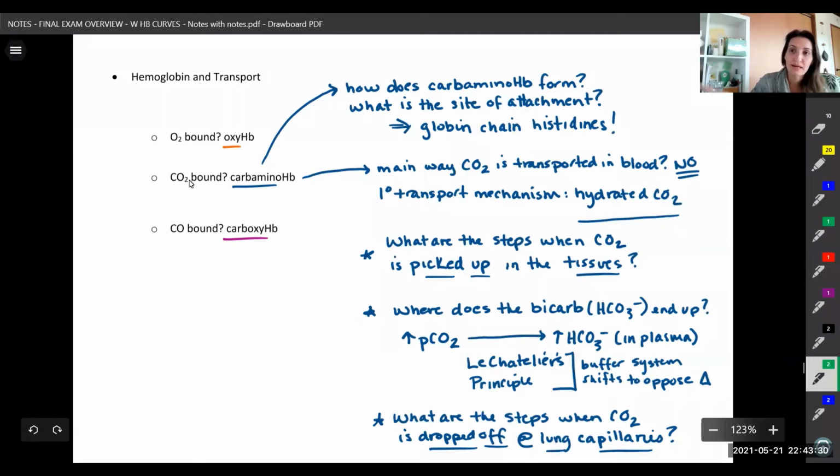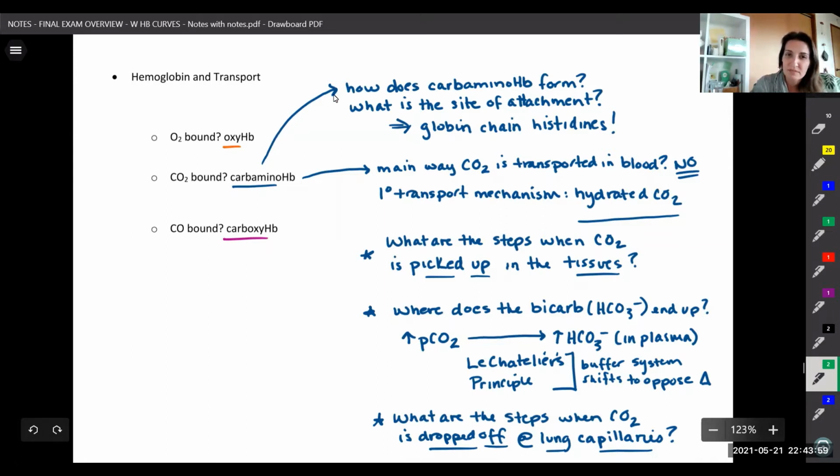Instead, CO2, like hydrogen ions, binds to the histidine residues on the globin chains, the alpha and the beta chains. When CO2 is bound to those histidine residues, we refer to the hemoglobin in that state as carbaminohemoglobin, carrying CO2 in this way.